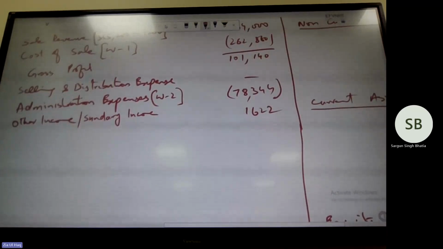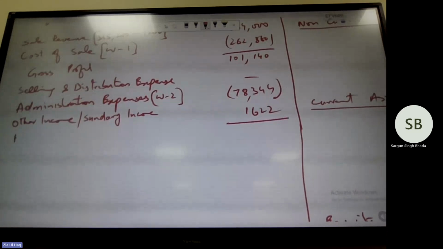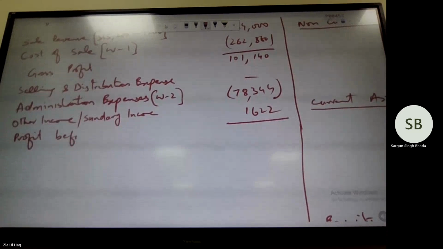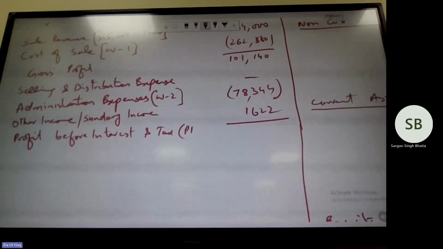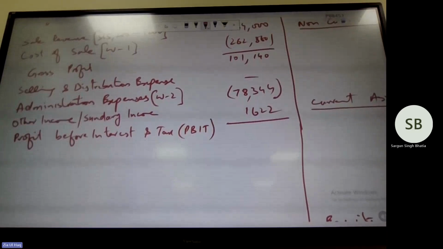And then we will arrive at what we can call profit before interest and tax.